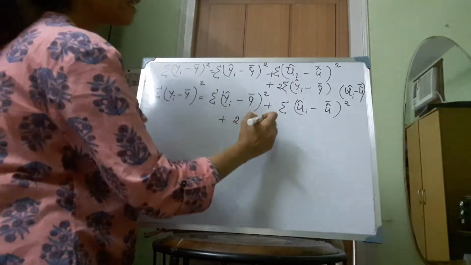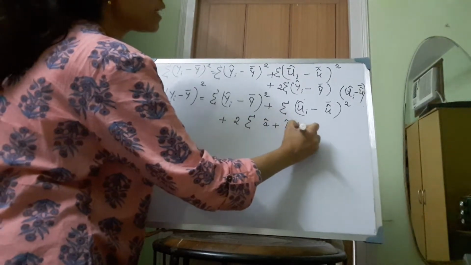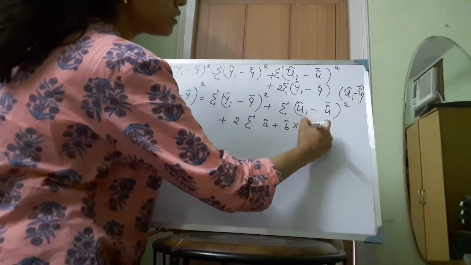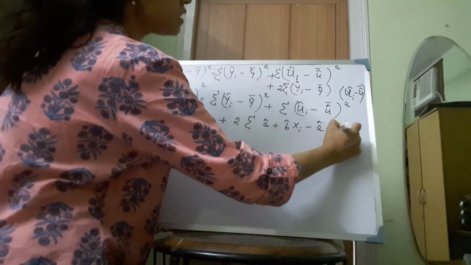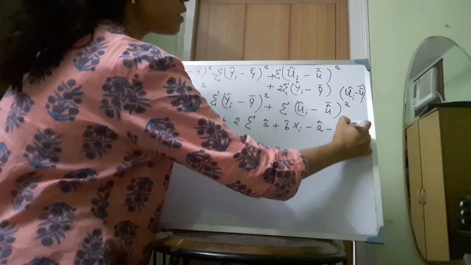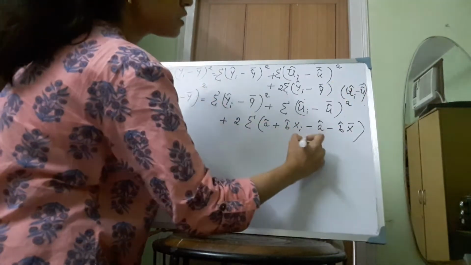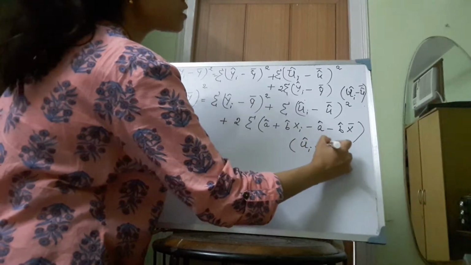Now in place of yi hat we can write a hat plus b hat xi, and in place of y hat bar we can write a hat plus b hat x bar, and then this term is ui hat minus u hat bar.